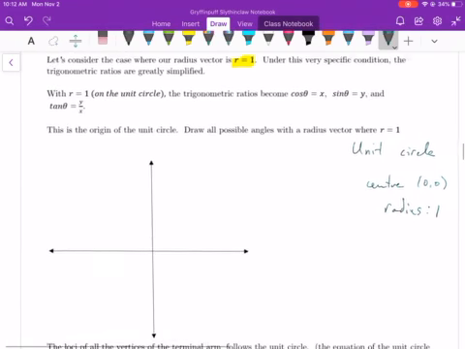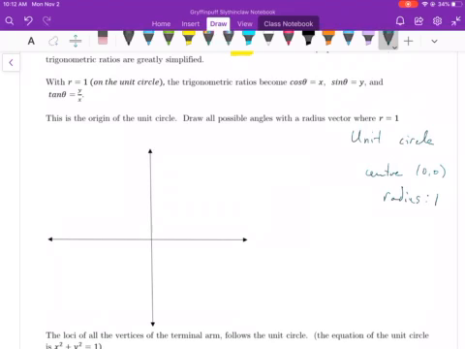So what are all the possible angles where the radius is equal to 1? Well, let me just start. There's my terminal arm, and maybe this is my angle theta. Now, I'm not going to draw my terminal arm, I'm just going to draw the points that it could be.